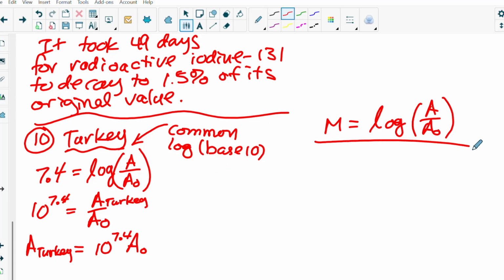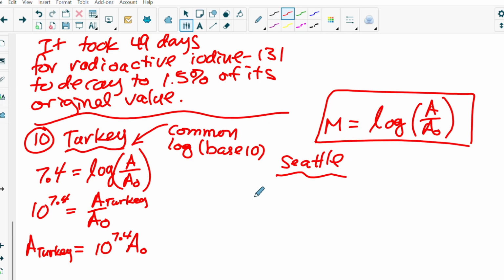Okay, how about Seattle? That is 5.3 magnitude on the Richter scale equals log of A divided by A naught.